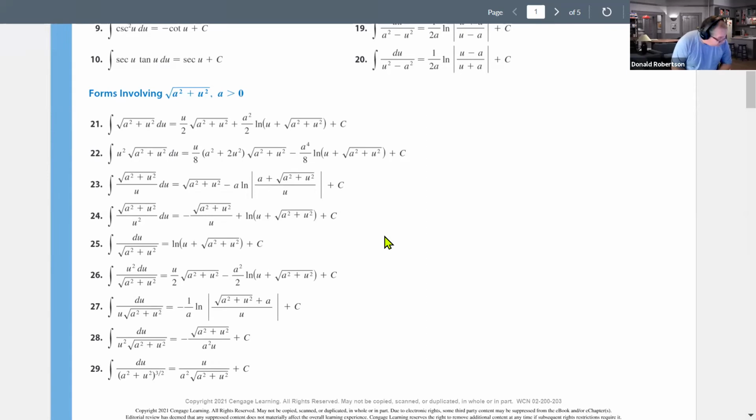I'm writing this down, and then I'll switch over to my screen. You can see it. So it's negative the square root of a squared plus u squared over u, plus the natural log of u plus the square root of a squared plus u squared, right? Okay, let's zoom back. These are called standard integrals.